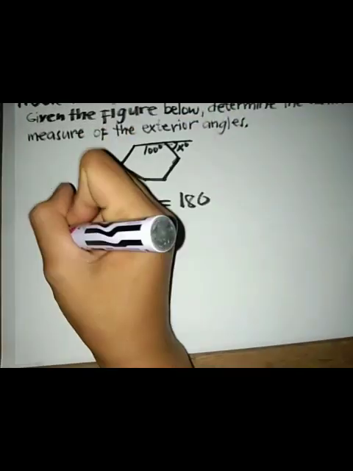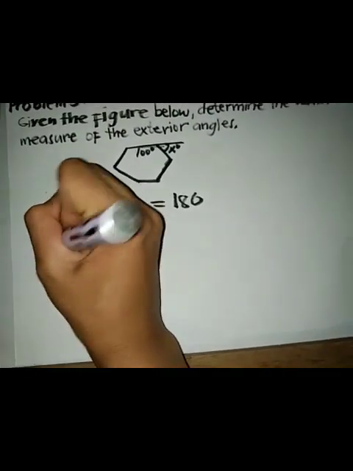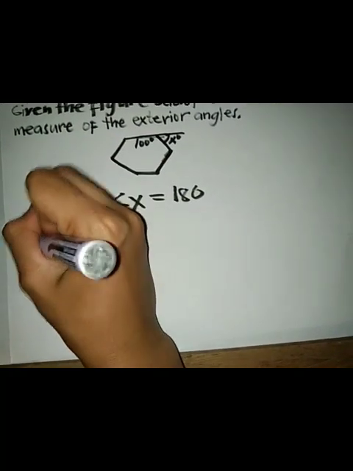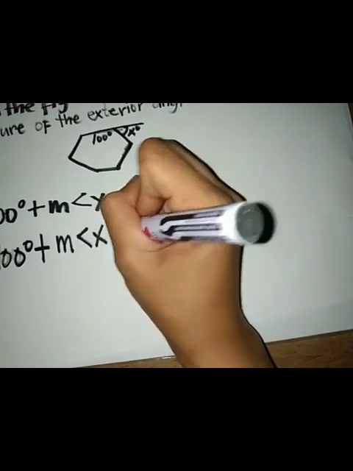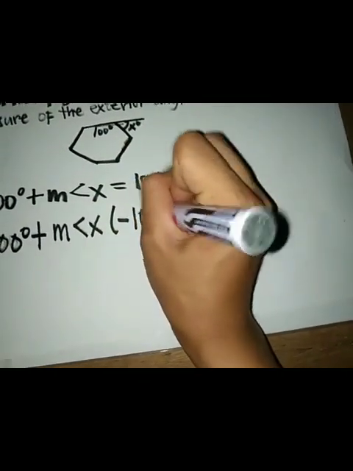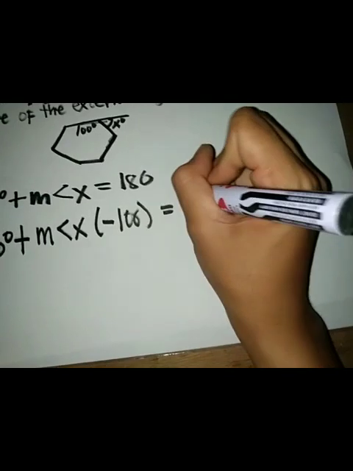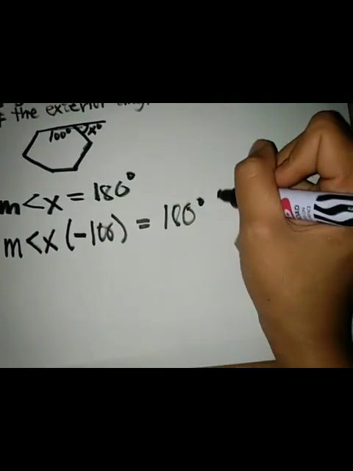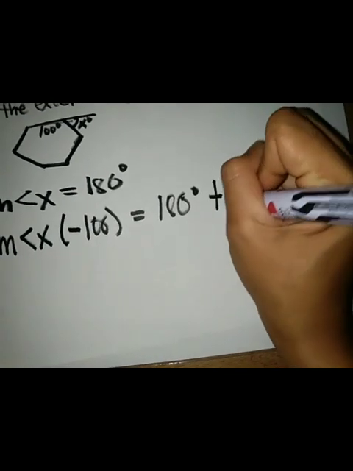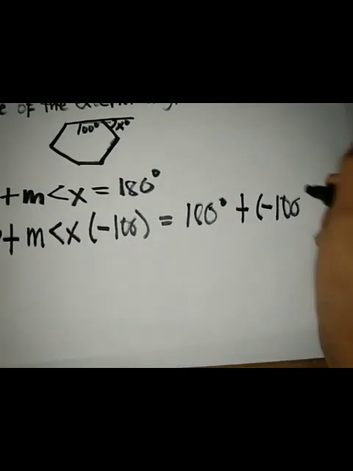So 100 degrees plus m angle x, plus negative 100, equals 180 degrees plus negative 100.